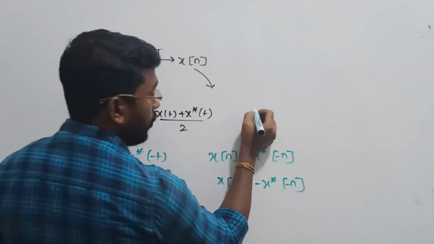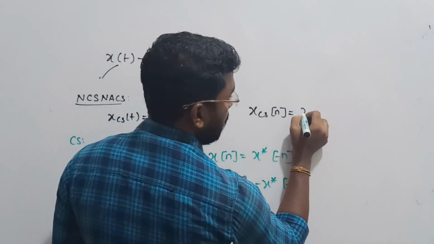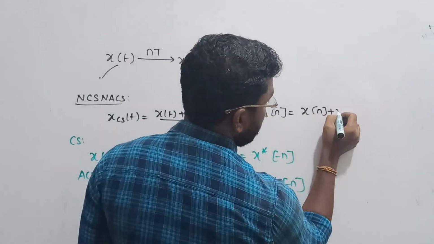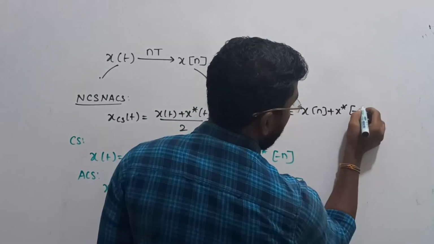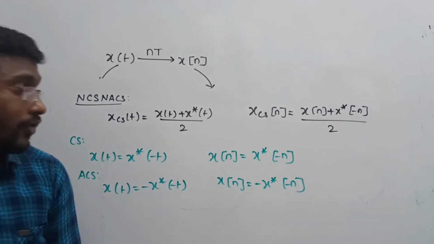Whereas in the discrete domain, for n, it can be written as x of n plus x conjugate of minus n, whole divided by 2. Similarly, for anti-conjugate symmetric, how will you find the answer?